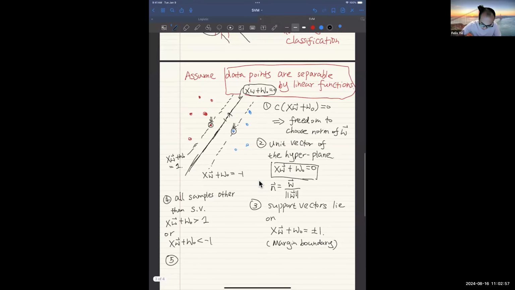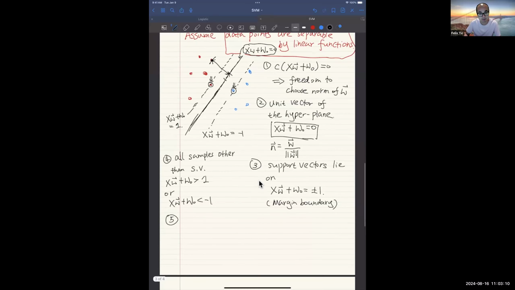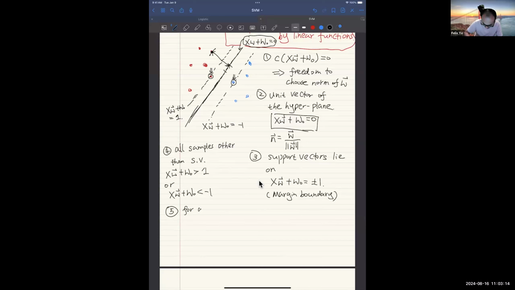For example, if I'm given a point x right here and I need to calculate the distance to this decision boundary, or the linear separator, depending on how you call it, the distance, I'm going to call it R, is x w plus w0 divided by the norm of w.